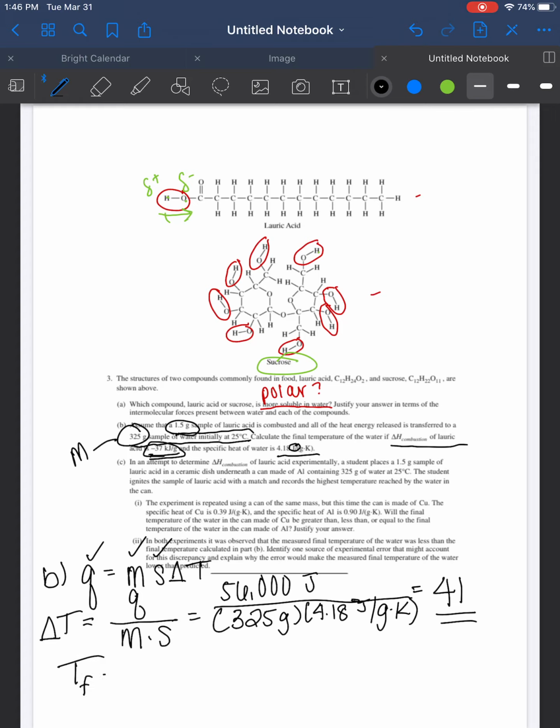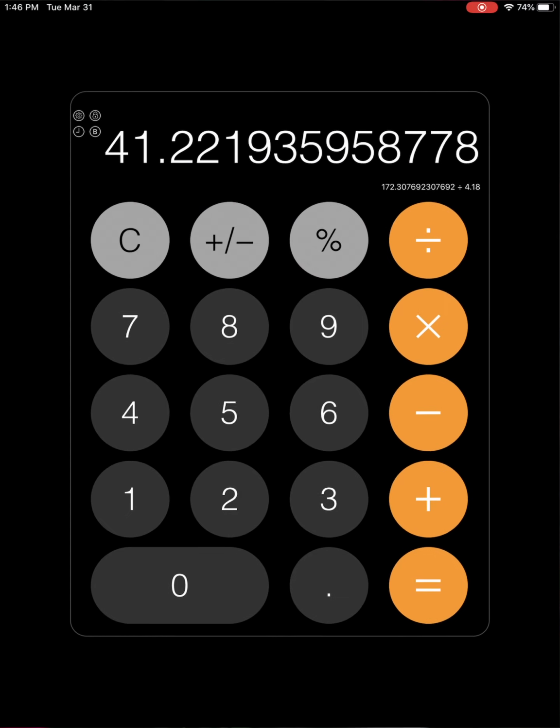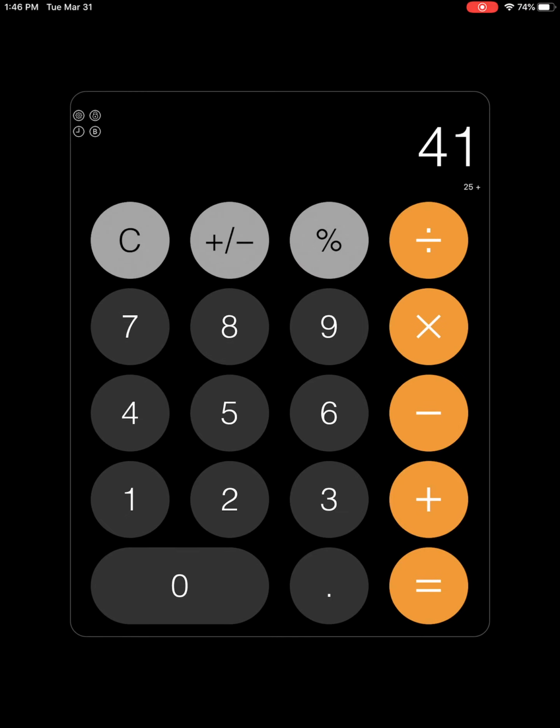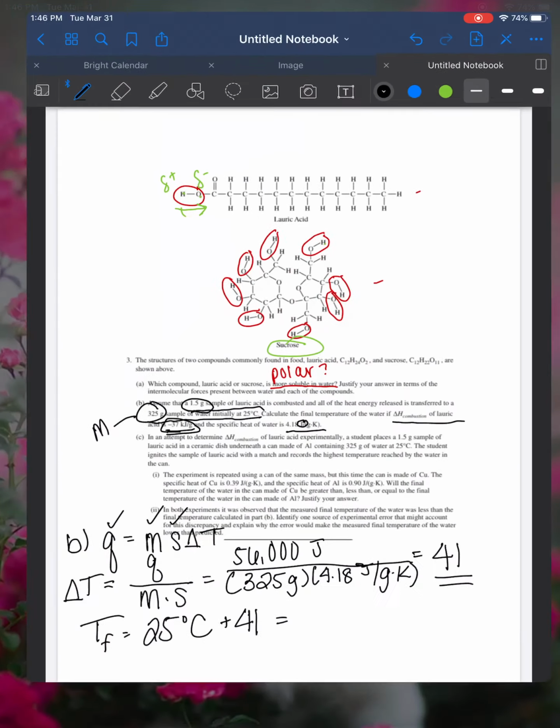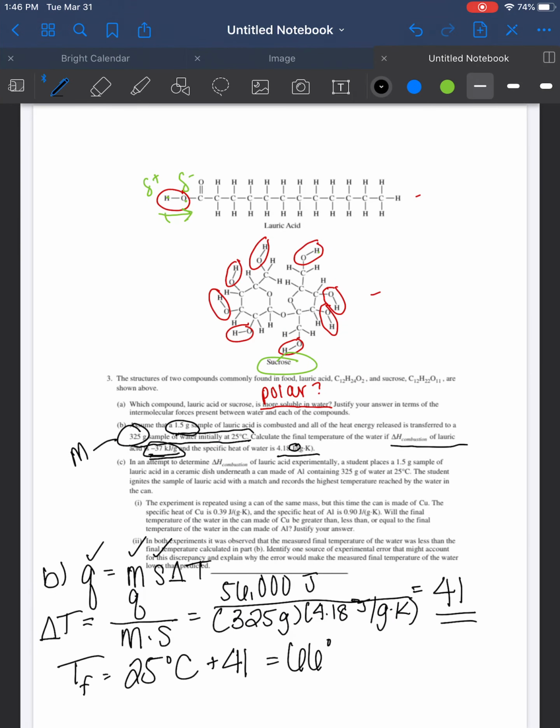So to find my final temperature, I'm going to take my initial temperature, which is 25 degrees Celsius, plus the change, which is 41. 25 plus 41, 66. So my final temperature for letter B is equal to 66 degrees Celsius. Okay. So that's it for number 3, letter B.